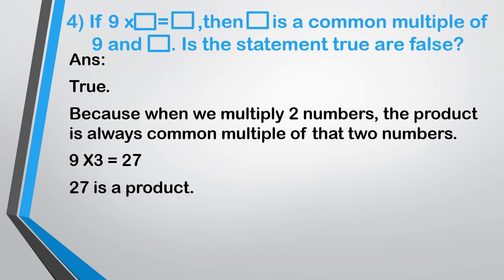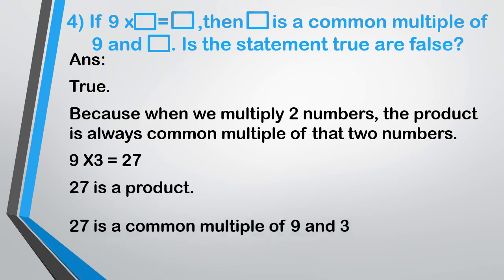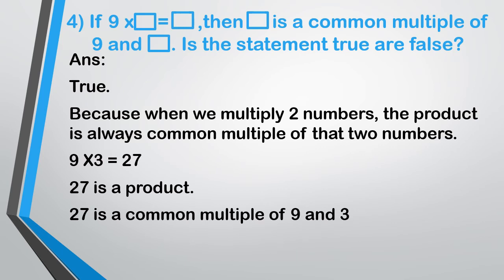So 27 is the product. So that 27 is a common multiple of 9 and 3. That is true. 27 comes in 9 table and also 27 comes in 3 table. So the product is a common multiple of the multiplicand.